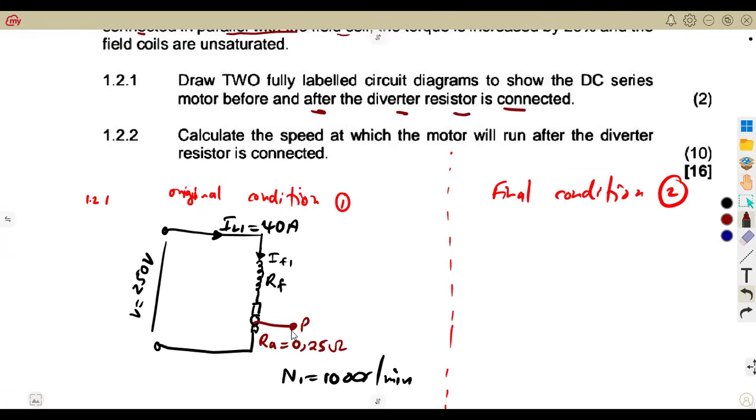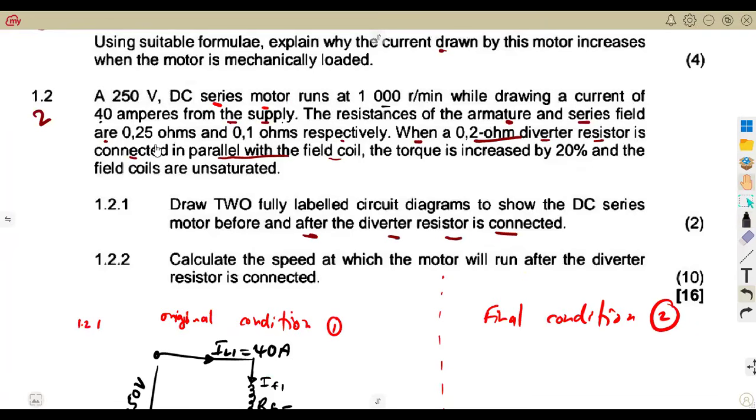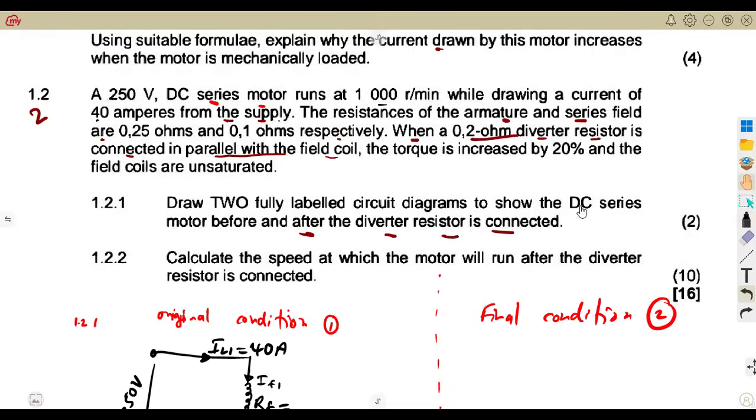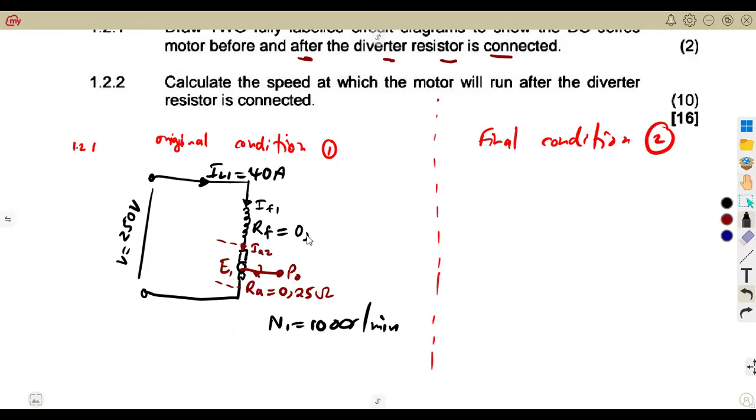So this is what you're going to have there: your generated EMF 1, and as we do understand here, we're going to have the armature current flowing, and the resistance of the field we are also given. The other one is 0.1. This is what we have.